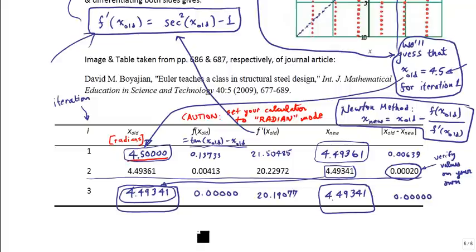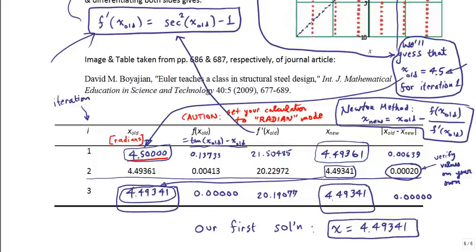So our first, let me just call it the first solution. Our first solution is that x is equal to 4.49341, and as we said earlier, there will be an infinity of solutions in this case.